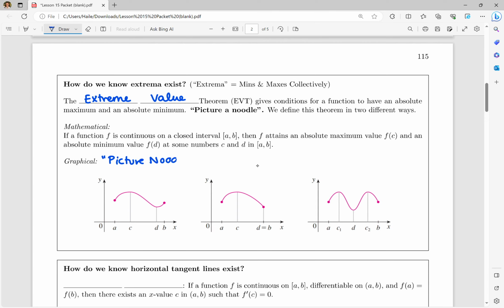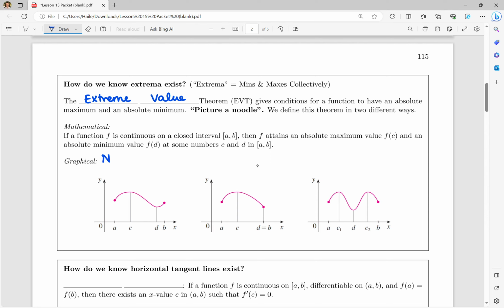What this theorem is basically saying is if you have a spaghetti noodle and you bend it, then somewhere there has to be a maximum and somewhere there has to be a minimum. So no matter how you bend the noodle, you can always find a largest point and a smallest point on the noodle. Okay, so let's put that into words.